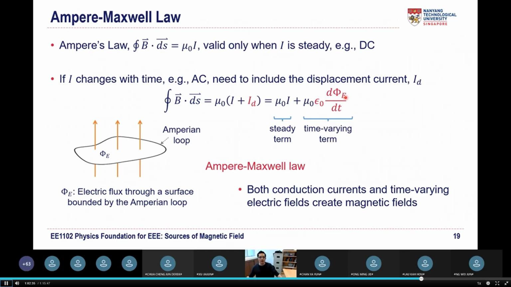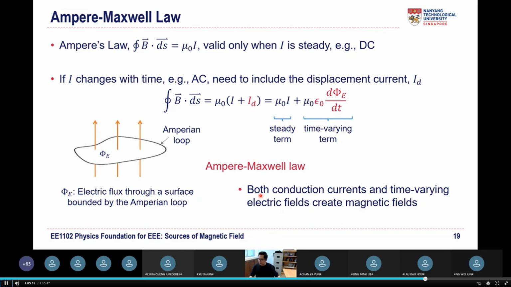If we had an Amperian loop like that, a closed loop line integral, and there is an electric field going through this Amperian loop that changes with time, that's also going to create a non-zero magnetic field. That's what this is saying.